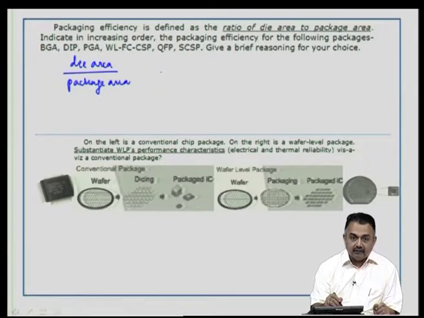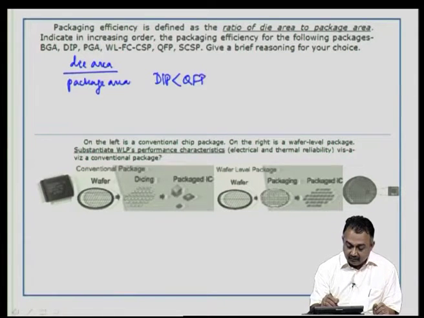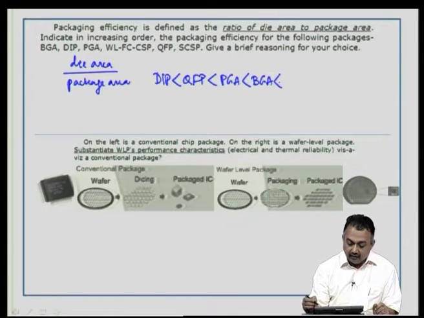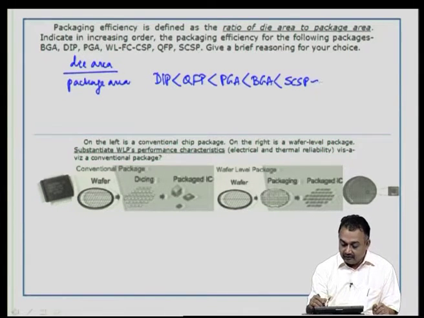So, if you look at packaging efficiency in this particular list, DIP will have the lowest packaging efficiency, as you know. Then comes the QFP packages which have better efficiency, but definitely less than a PGA, definitely less than a BGA, and then we talk about stacked chip size package and in some sense almost equal to a wafer level flip chip CSP.